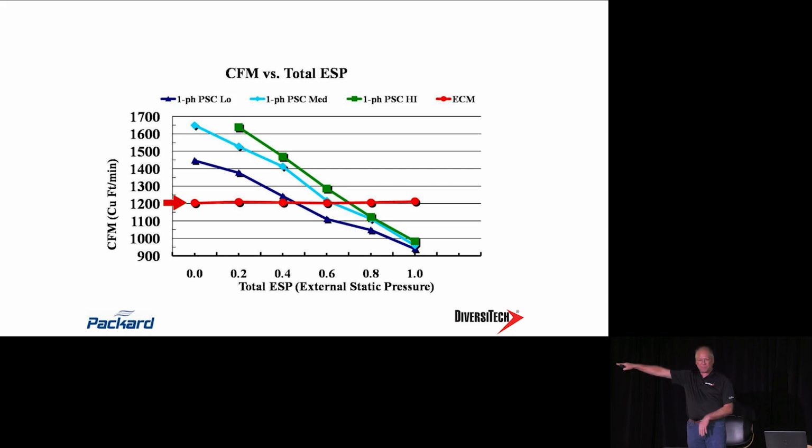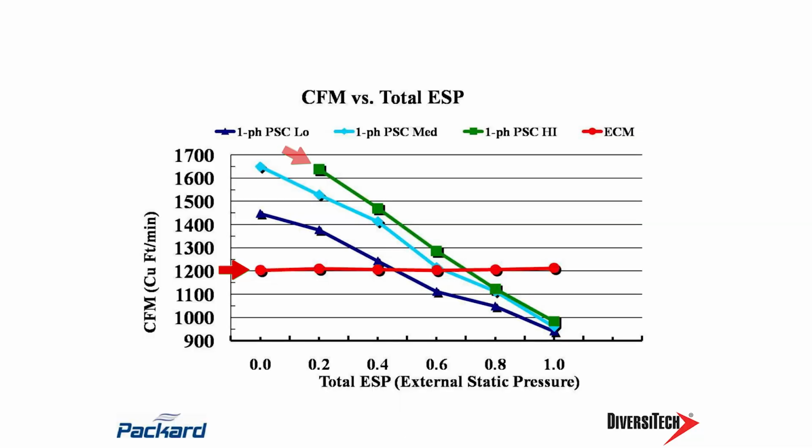So in this case, if it's designed for 1200 CFM, we'll see that as my static changes, even though the load on that motor is going to change by the static, the motor reacts in order to maintain the same amount of air by increasing its speed as I have the restriction in that air. Whereas with a PSC, we can see that that will decline.